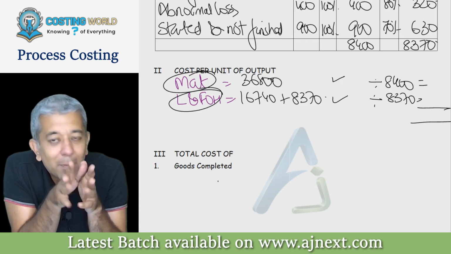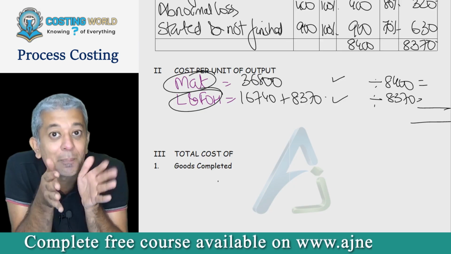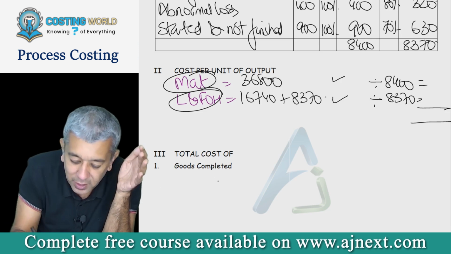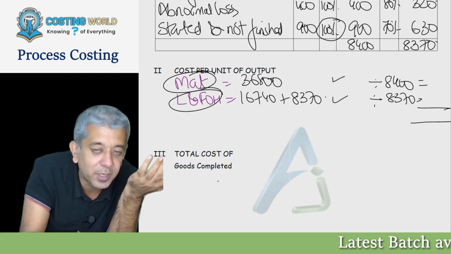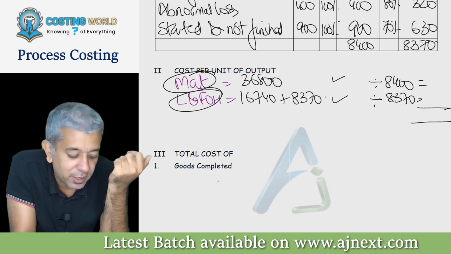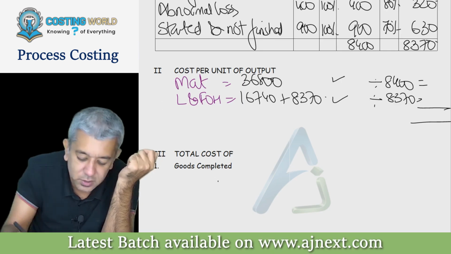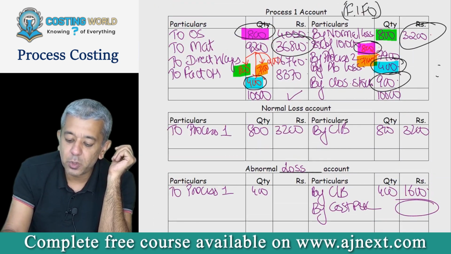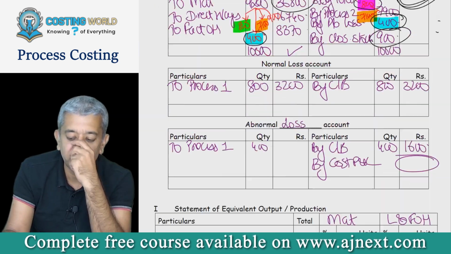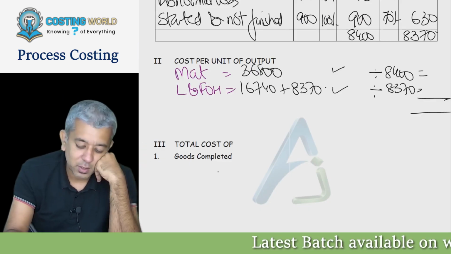But now I'm trying to find out material separately, because the product is separately completed in reference to material. For example, it is 100% complete in reference to material and 70% complete in reference to the other things. So therefore I have to find out the separate cost of this and the separate cost of this. So I'm asking you now, this particular figure 3,200 should be reduced from where?